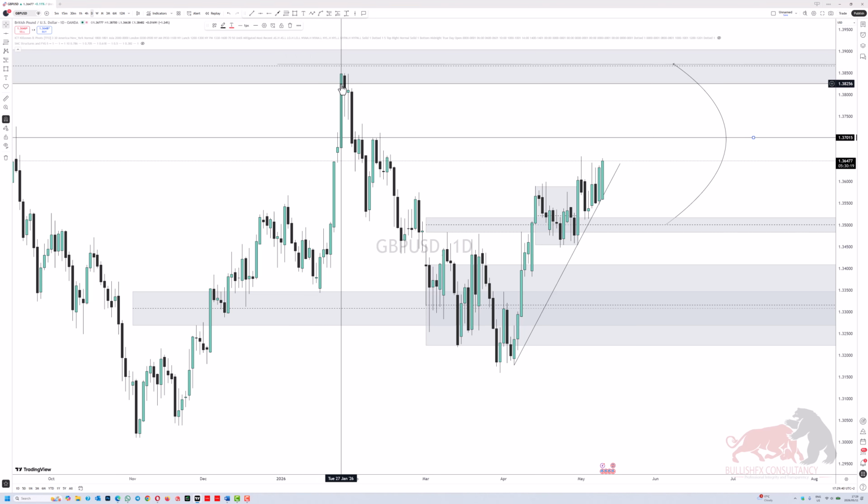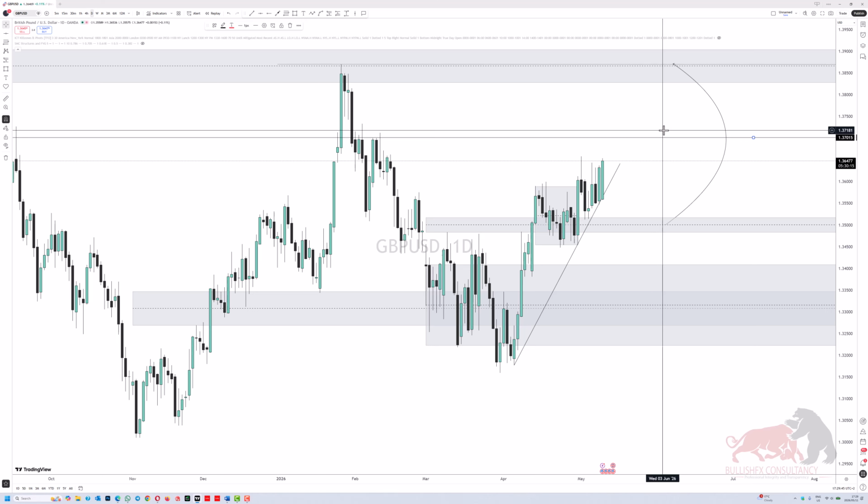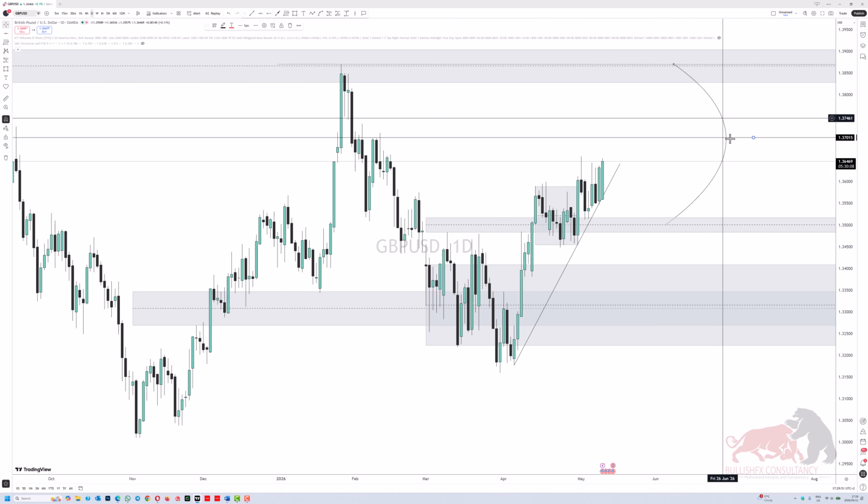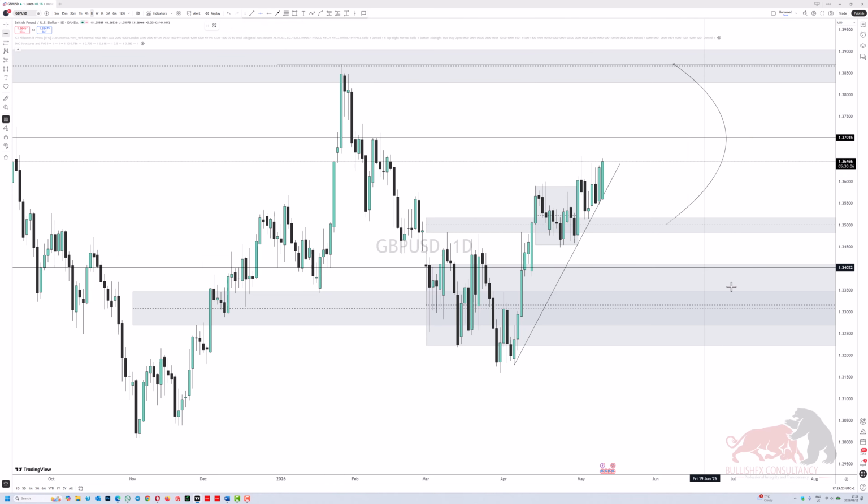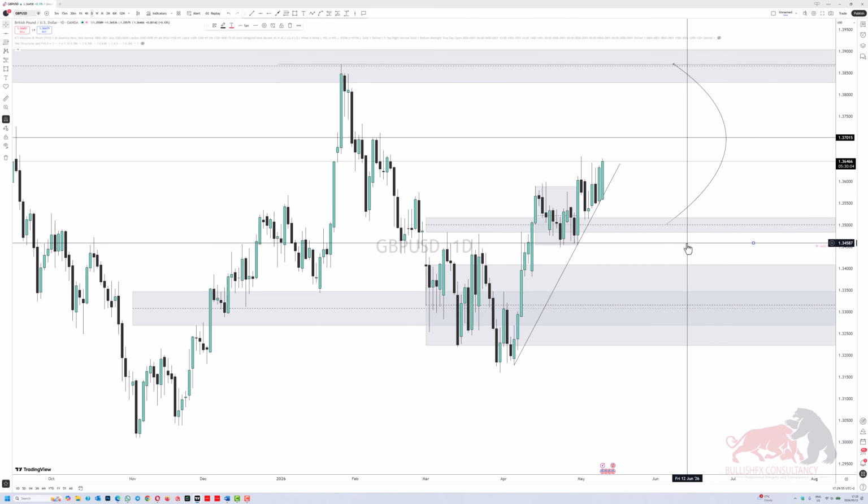On the downside, immediate support rests near $35,100, somewhere around this level right here. You can see we've got a bullish order block there, with price finding support. So this is our immediate support and resistance.